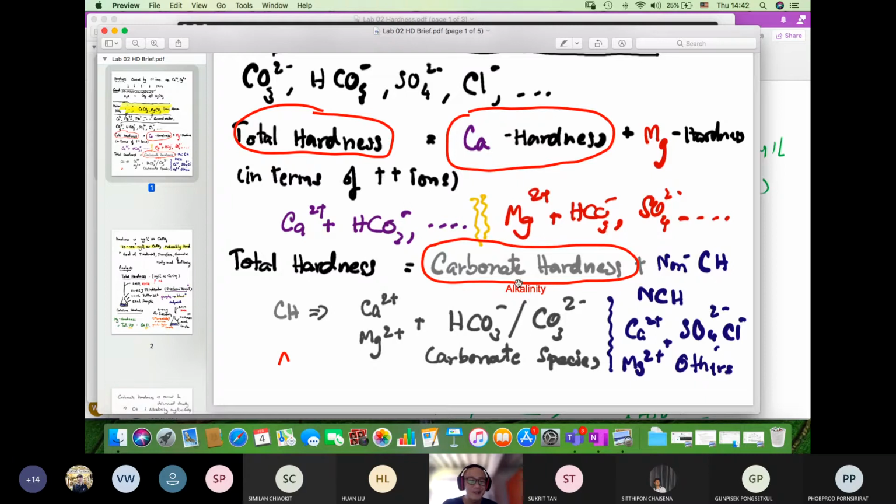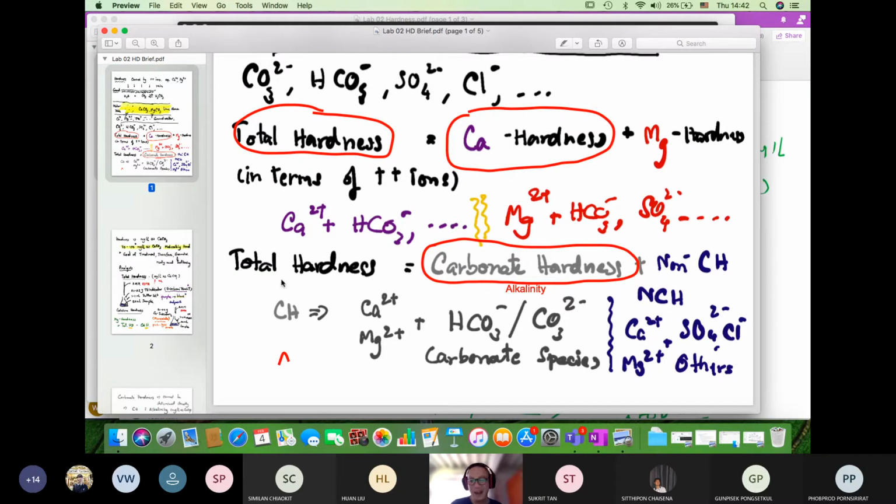So for the carbonate hardness we will not measure these directly, but we measure alkalinity instead. We can use the alkalinity information to evaluate the carbonate hardness, so we still can determine the carbonate hardness but we don't measure it directly.